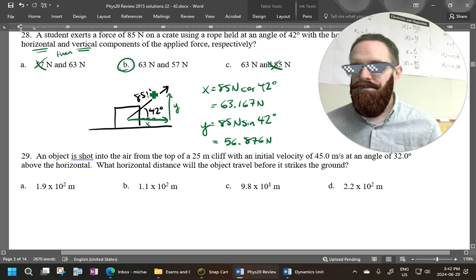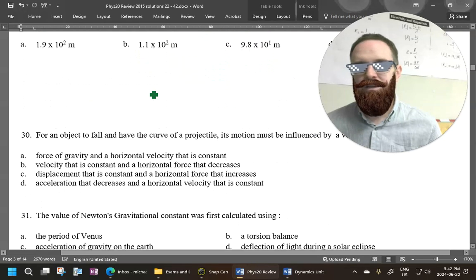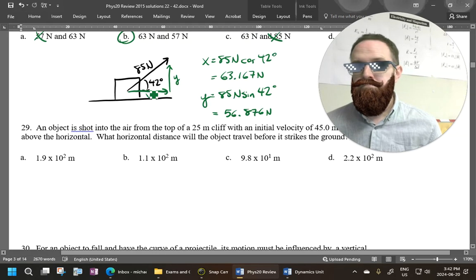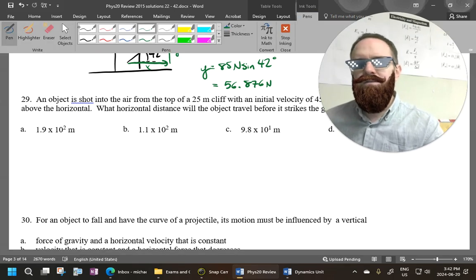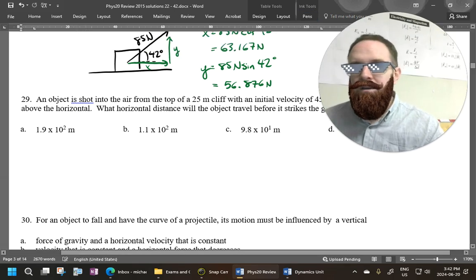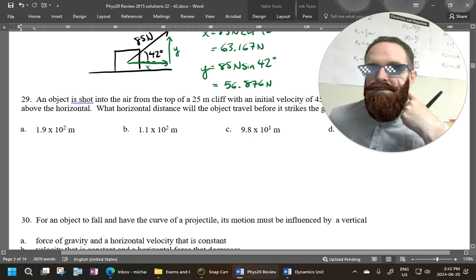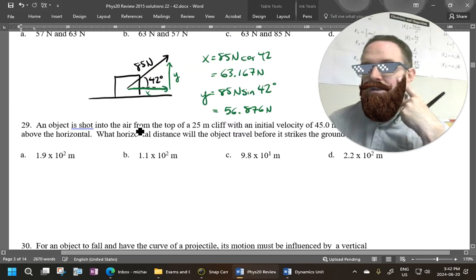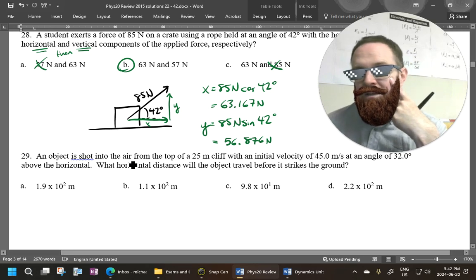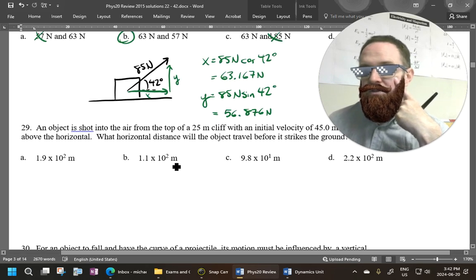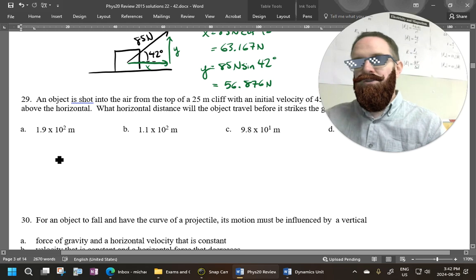Okay, an object is shot at an angle. What's the horizontal distance it will travel before it strikes the ground? Okay, so this is a T-chart question. Seems like we've done these before. Well, there's a lot of questions, that's probably why. Okay, so shot into the air from the top of a 25-meter cliff with an initial velocity of 45 at 32 degrees. What is the horizontal distance it will travel when it strikes, I'm assuming, the ground below?